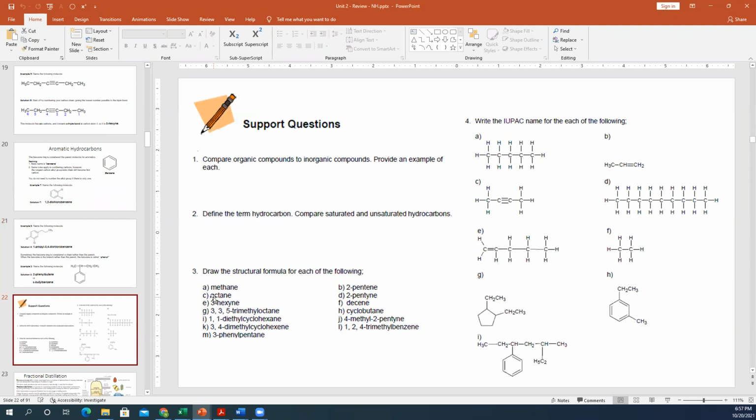Okay, let's try naming some of these compounds. I would like to know how you feel about that.